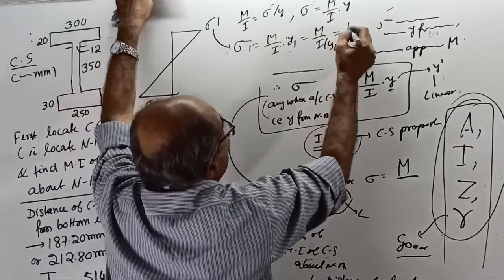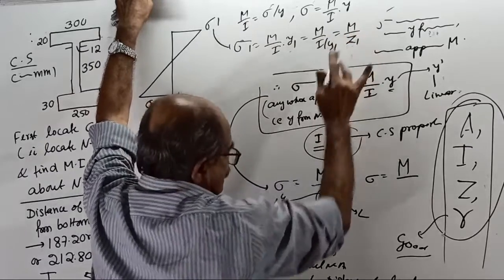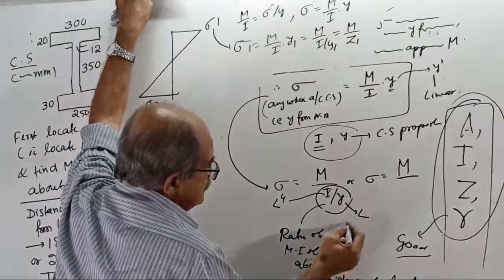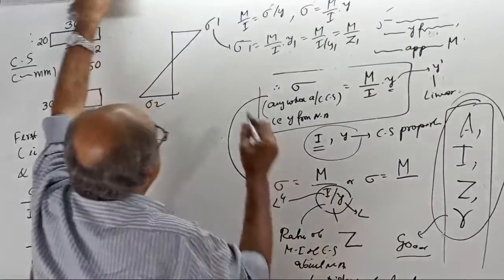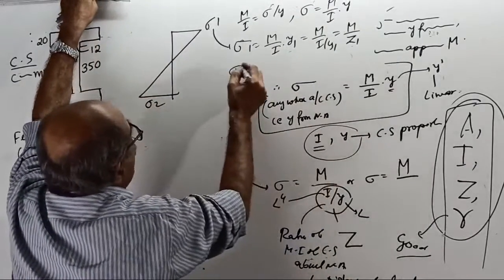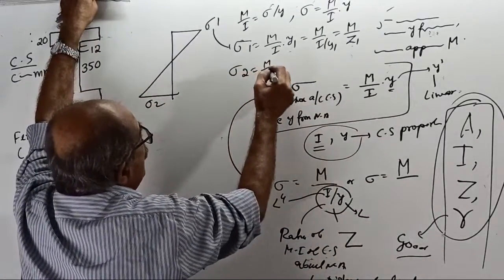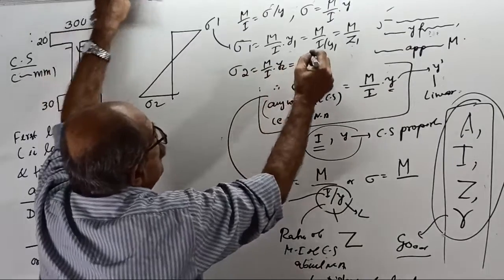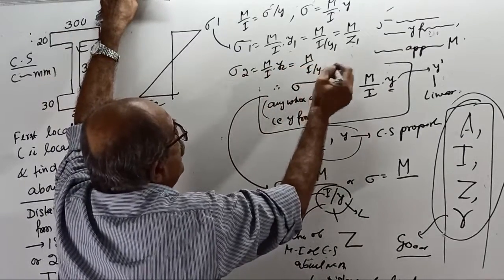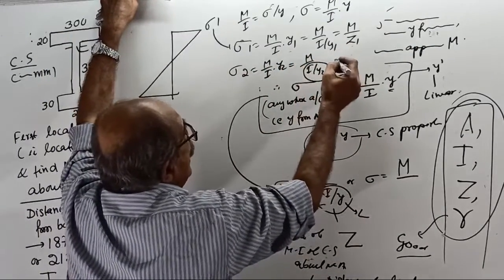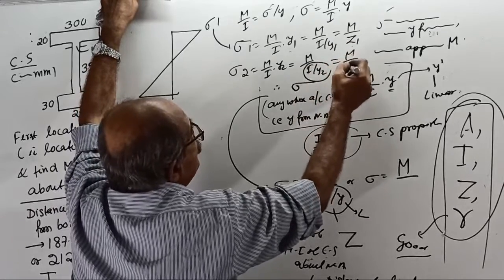This I by Y1 I will call Z1, so sigma 1 is M by Z1. That is called Z, section modulus Z. Same way, sigma 2 equals M by I into Y2, or M by I divided by Y2. This I by Y2 I will call Z2, M by Z2.